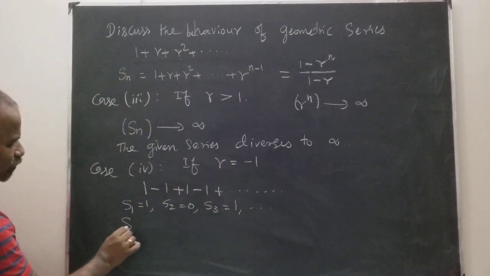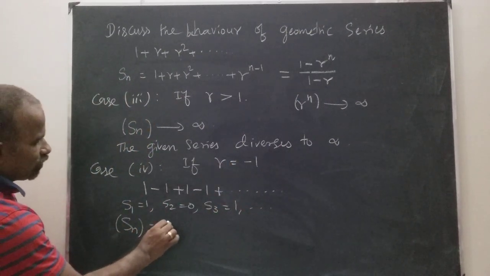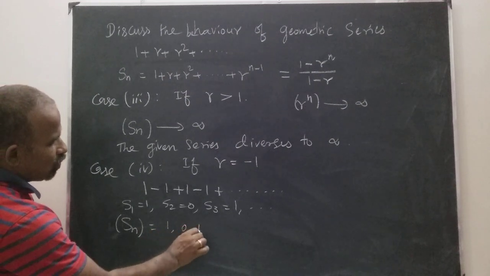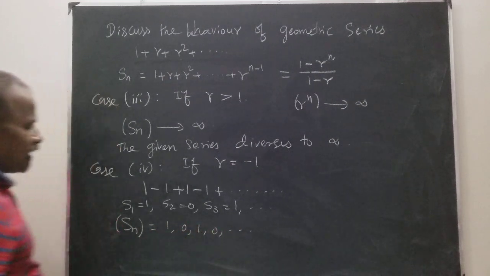Therefore, the sequence of partial sum Sn is equal to 1, 0, 1, 0, etc.